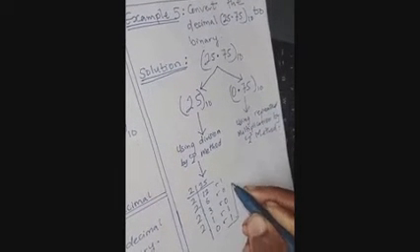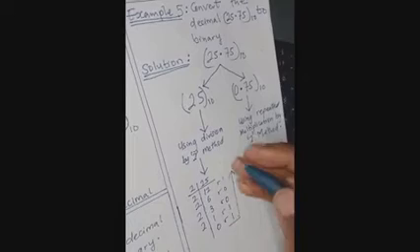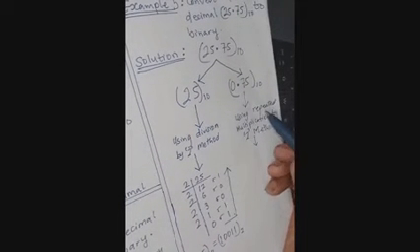Then we go from the bottom to the top. So your 25 base 10 equals 11001 in base 2.